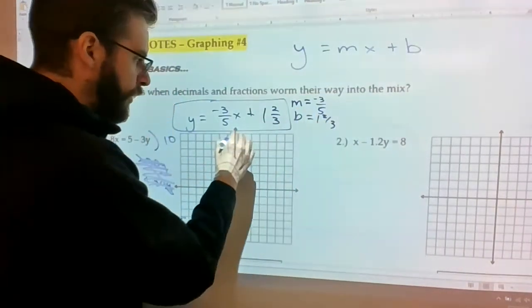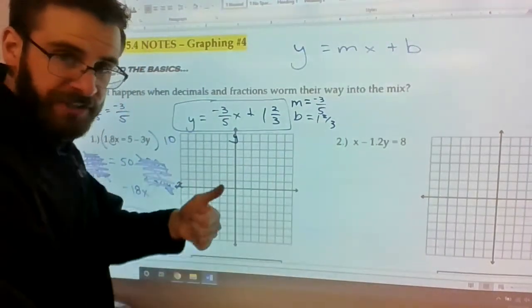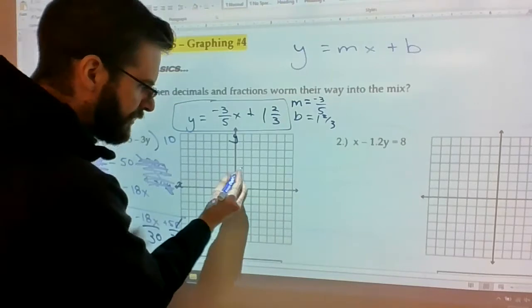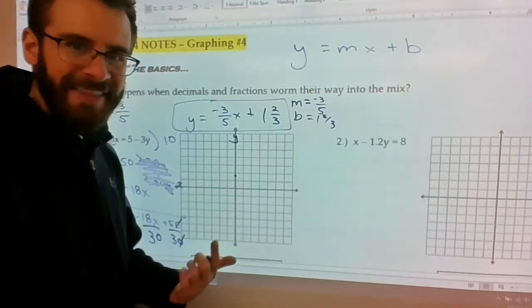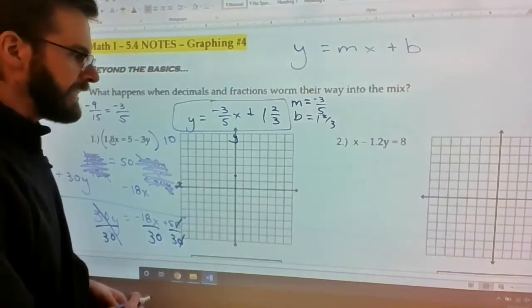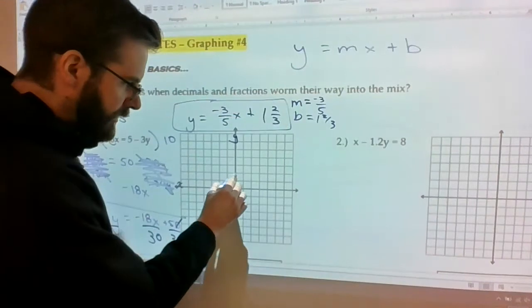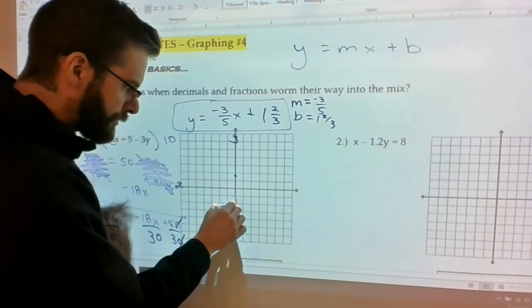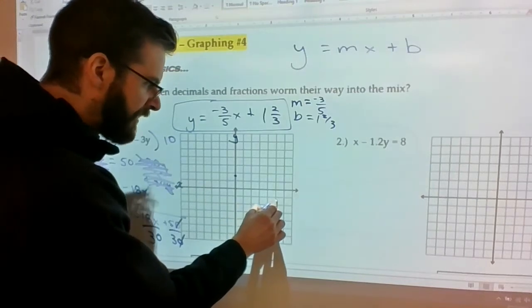So we're starting on the y-axis, the vertical axis, at 1 2/3 units up. So go up 1, then go 2/3 of a unit, so closer to 2 than it is to 1. Then from that point, I'm going to go down 3, so down 1, 2, 3, right 1, 2, 3, 4, 5.